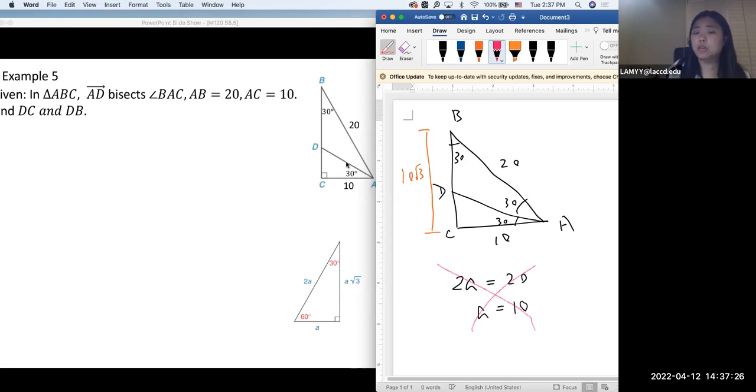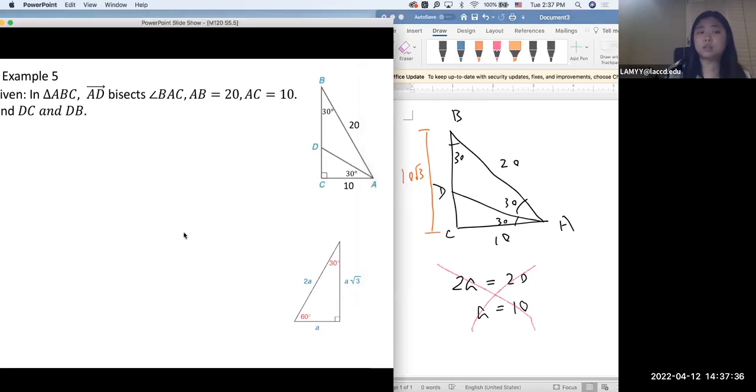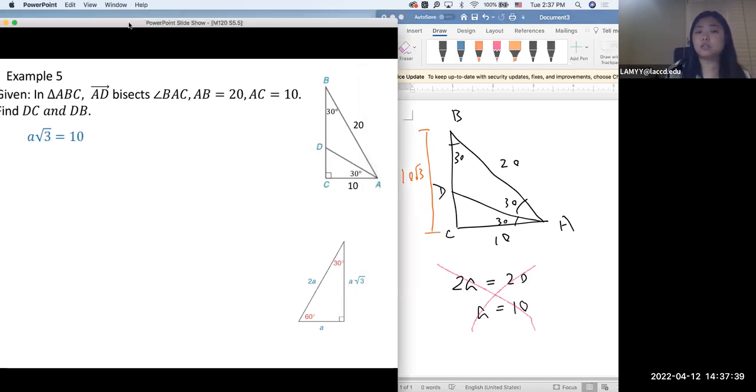So if I compare the ACD with this triangle, then you could see this is 10. 10 should be equal to A square root 3. Okay, 10 should be equal to A square root 3. Compare the length AC with this side here. You guys okay? AC equal to 10, equal to A square root 3.